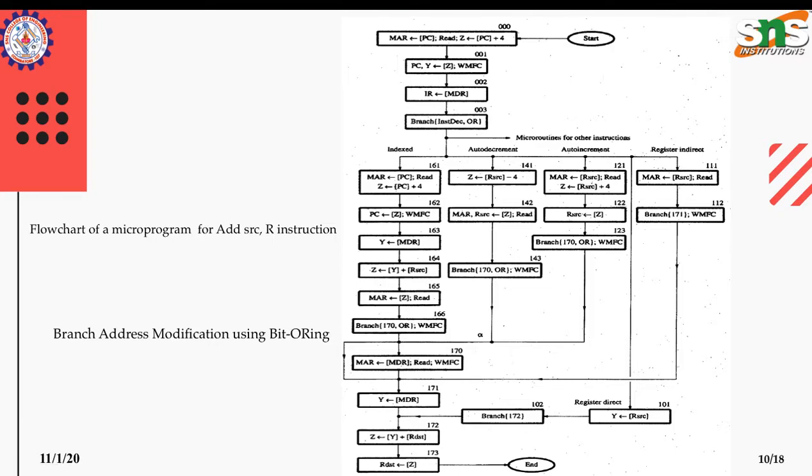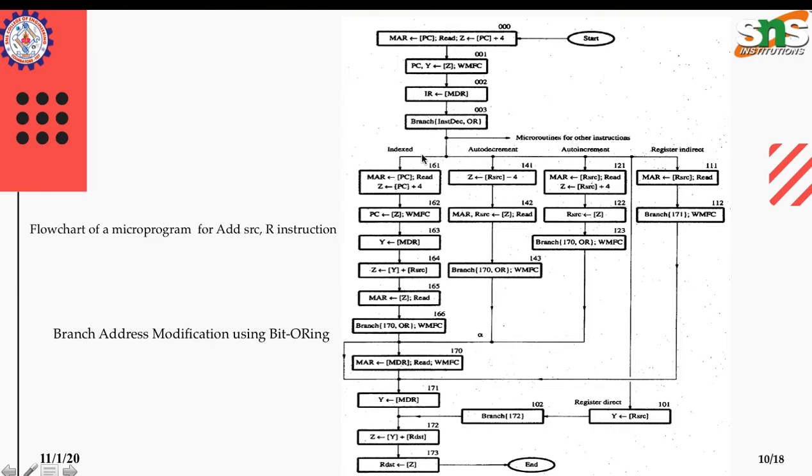In the flowchart there is a branching instruction at the octal address 003. Branching here means that, based on the instruction register content, the first operand could be fetched using one of these addressing modes: index addressing mode, auto decrement, auto increment, register direct, or register indirect.